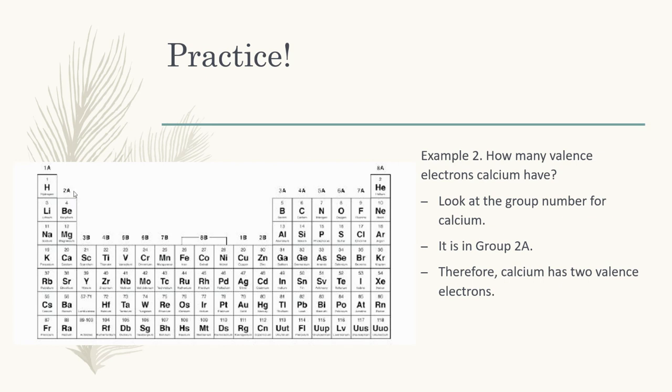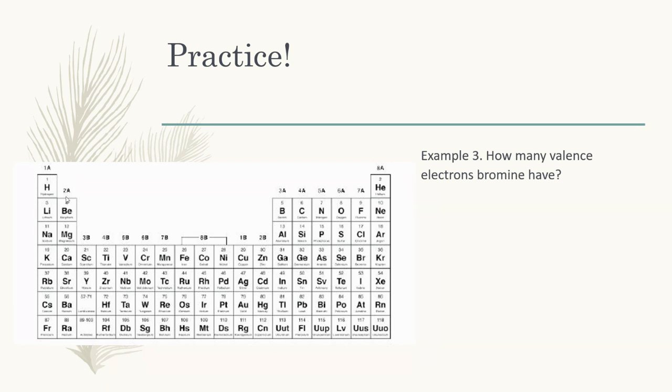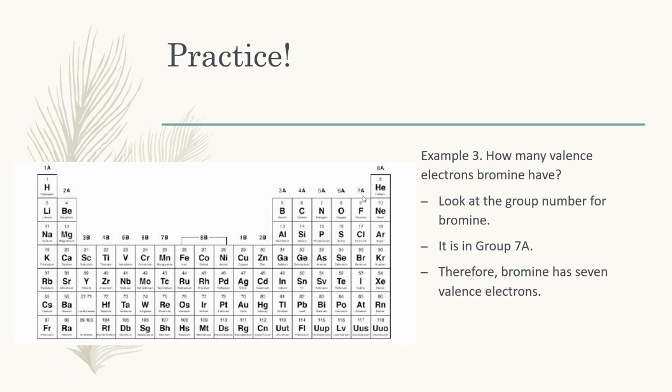Okay, so again, calcium, which is Ca, right here, has a group number of 2A, so it has 2 valence electrons. Now what about bromine? Bromine is way over here, Br. We need to find its group number, so we go up to the top. It says 7A. So bromine is in group 7A, which means it has 7 valence electrons.